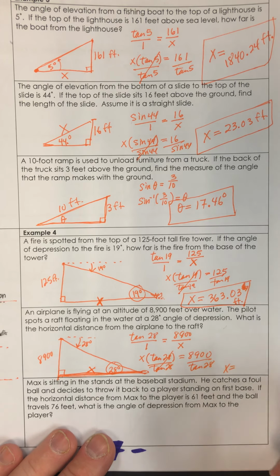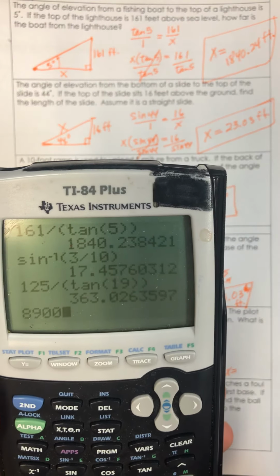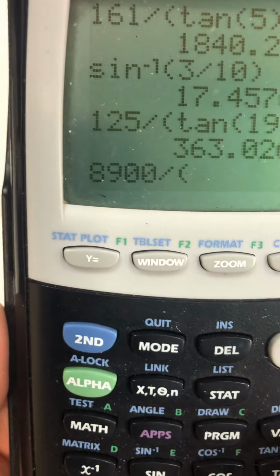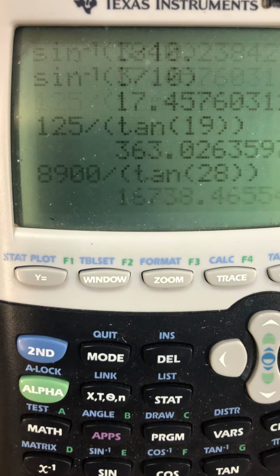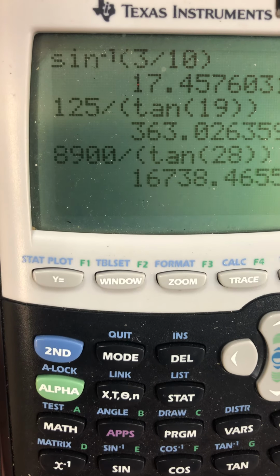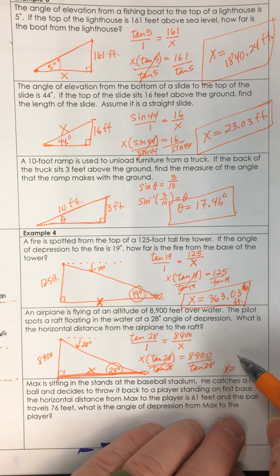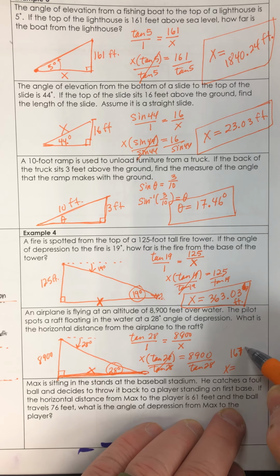So x is going to equal 8,900 divided by parenthesis tangent 28. 16,738.465, so say 0.47. So we'll say 16,738.47 feet.